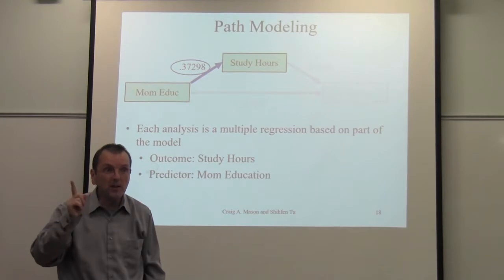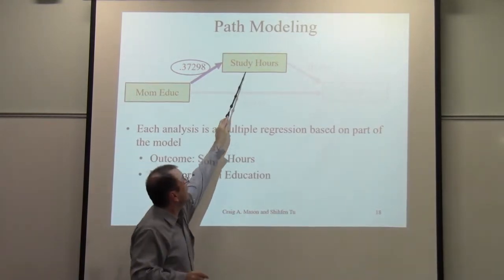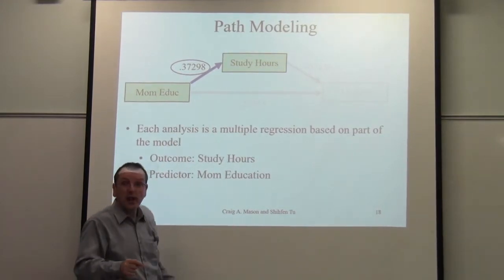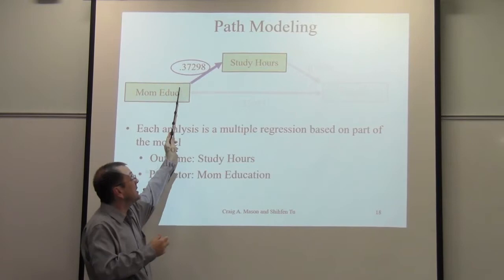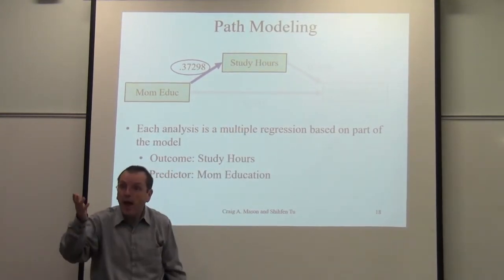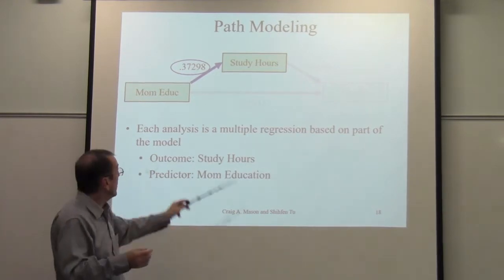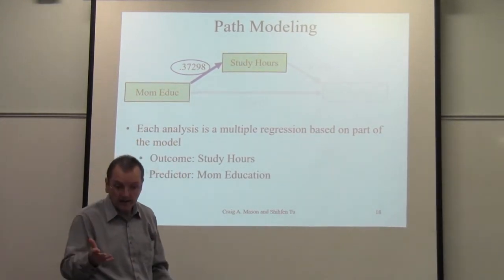The outcome is not grades. We're predicting study hours based on mom's education, because that's what the model told us, right? We predicted that mom's education influences study hours. So let's do the math. Let's do a regression where we say mom's education predicts study hours and see what we find.